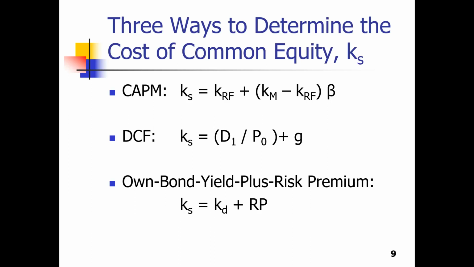Then we go to Gordon's model. We call this DCF, discounted cash flow model, or we name it after Professor Gordon. Either way, it says Siemens should pay a cost that depends on the dividend they pay next period, D1, divided by their price of a stock right now, plus a growth rate.